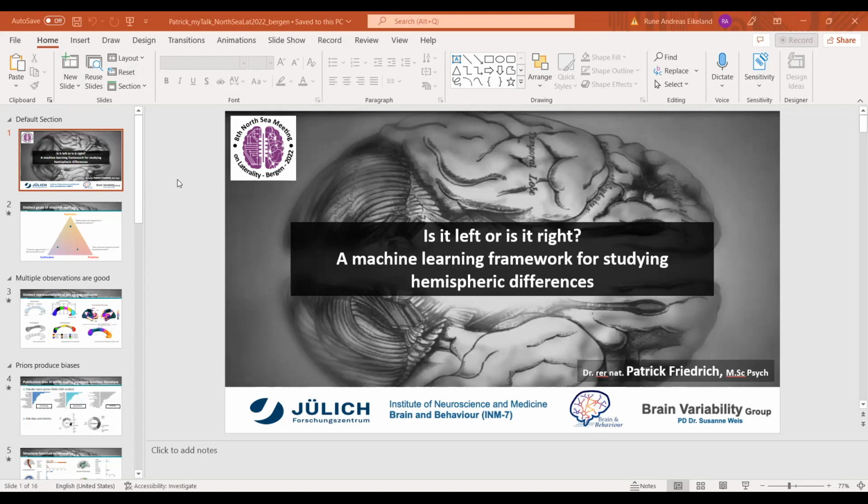And James has yesterday evening shown us his beautiful new large scale study on population level asymmetries using almost 40,000 participants in the end.